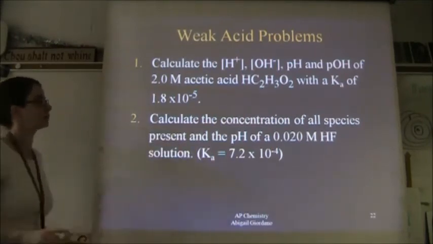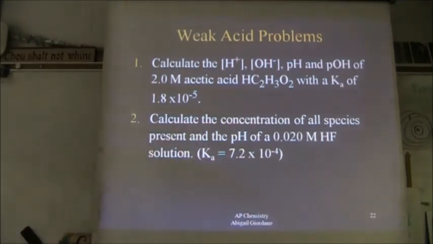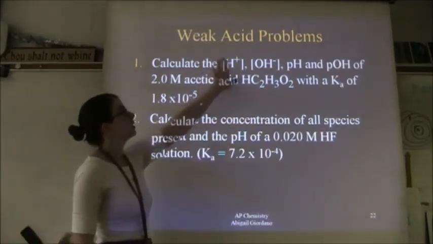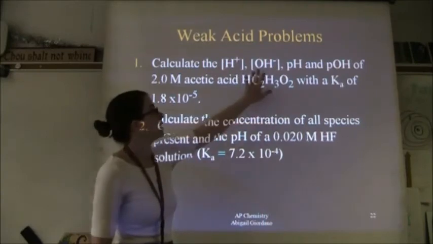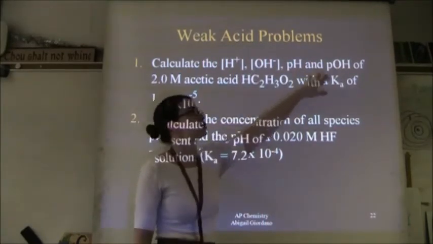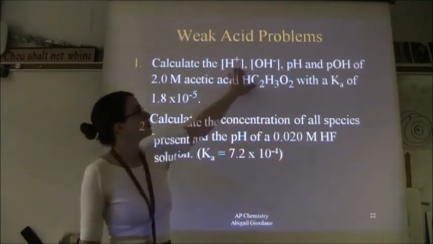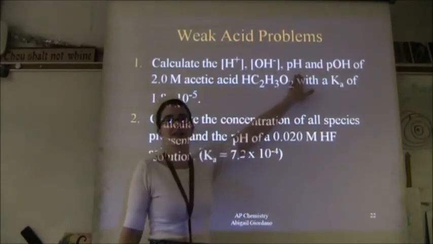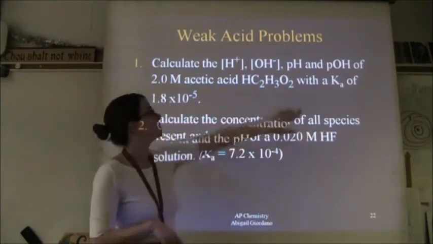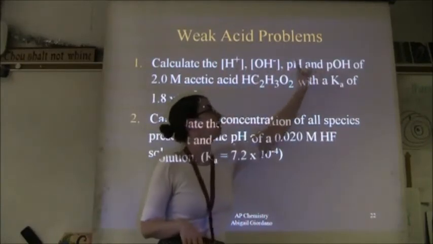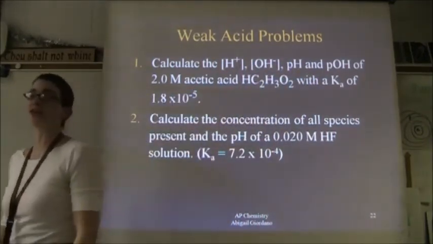Here we go. It says, calculate hydrogen ion molarity, hydroxide molarity, pH, pOH. Stop right there. Do you guys realize, from a couple of slides back, if you have only one of these, you can find the other 3?